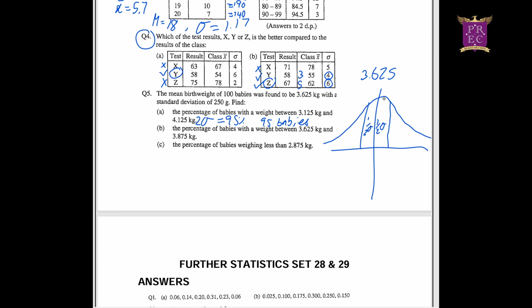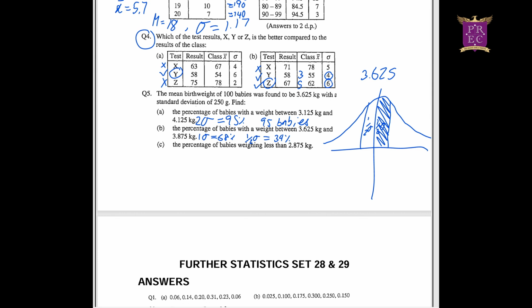So we know that it's only this bit that we're looking at. So what's half of 1 standard deviation? We know that 1 standard deviation is 68%. Therefore, half of 1 standard deviation is 34%. So there are 34 babies between 3.625 and 3.875.